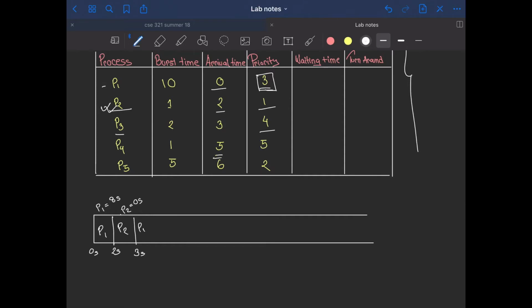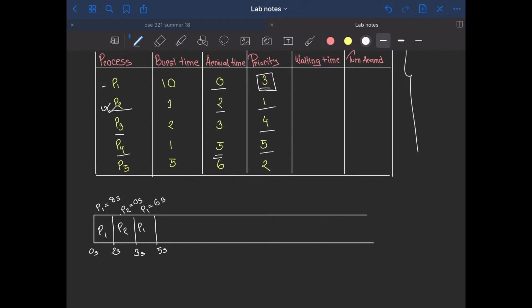till the 5th second. So P1 would be able to work for 2 more seconds, which would make it 6 seconds of remaining time. Now at the 5th second we see that we have another process called P4, which has a priority of 5.